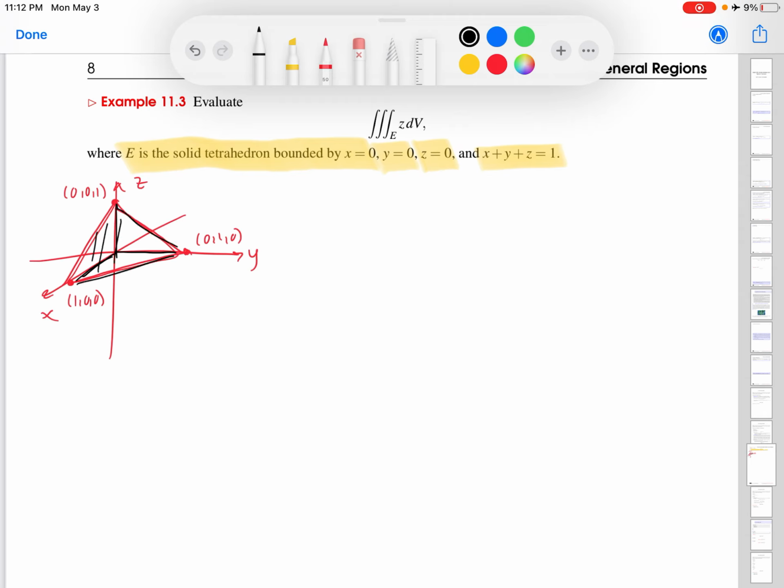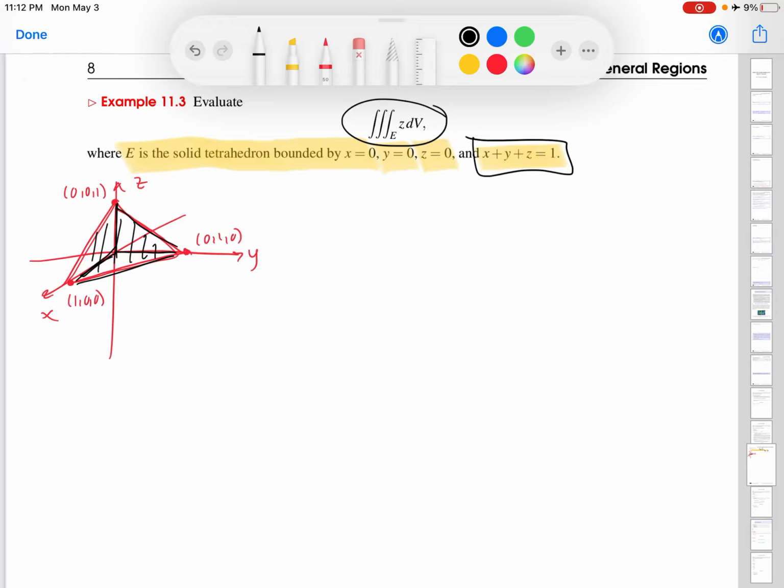So it's the solid that is made up by everything under this plane and above the xy plane, and bounded by the xz plane, bounded by the yz plane, bounded by the xy plane. Okay, so that's E, and I want to find the triple integral of the function z over that.